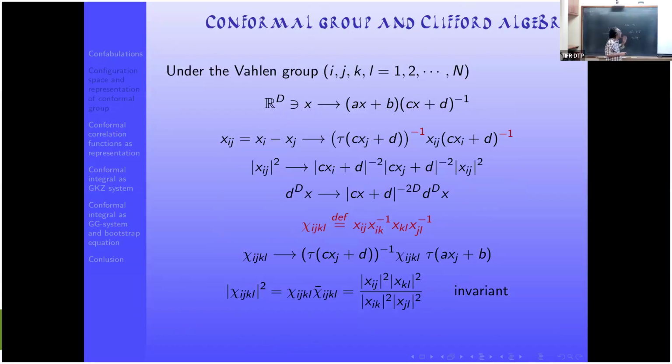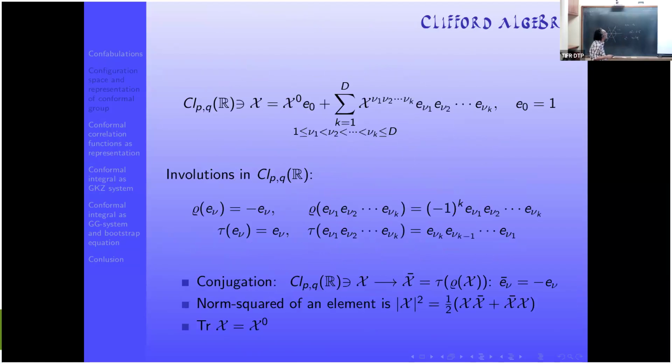So that's more or less the end of this torture on Clifford algebra. The only thing to remember is that I'll need this once later on, so I'll collect this: tau, the reordering of this.